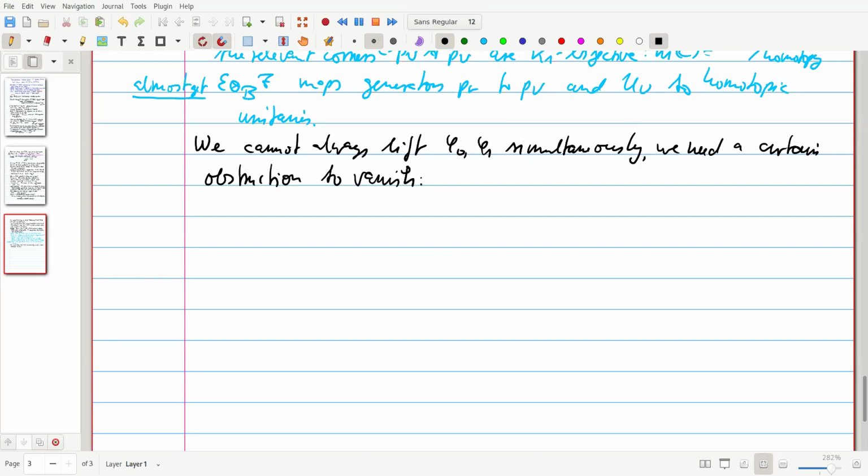So how about this obstruction? So first, you realize phi 0 as being induced by some correspondence.